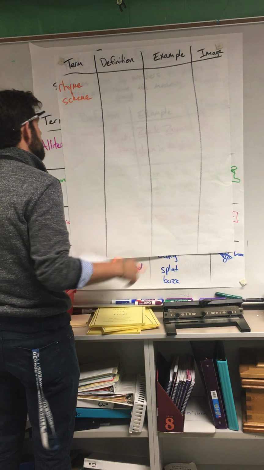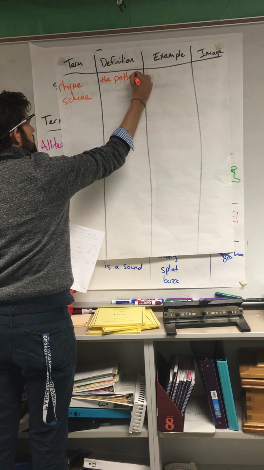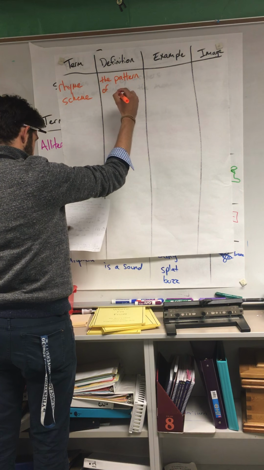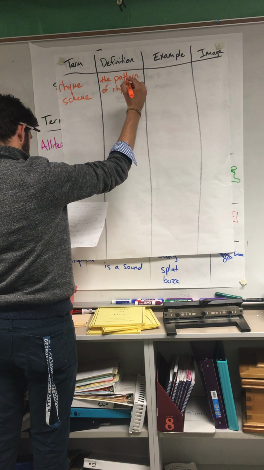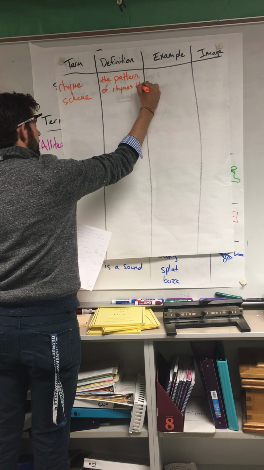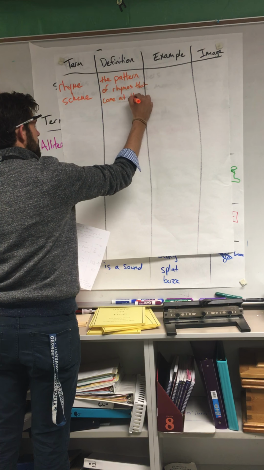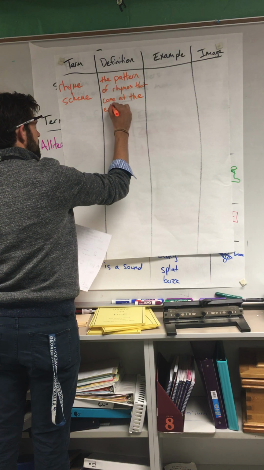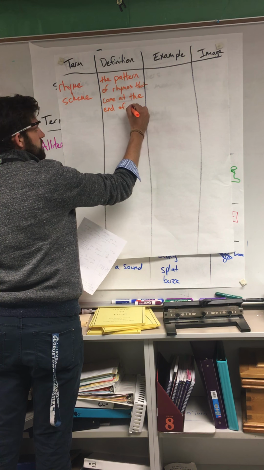So rhyme scheme is the pattern of rhyme that comes at the end of each line or verse.